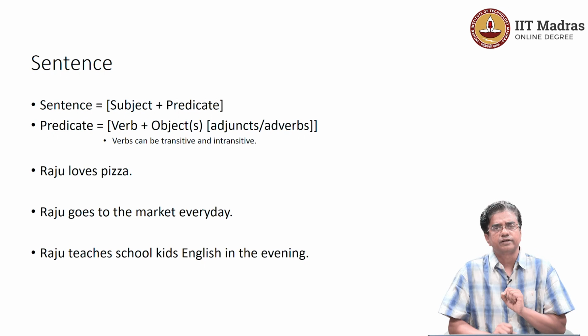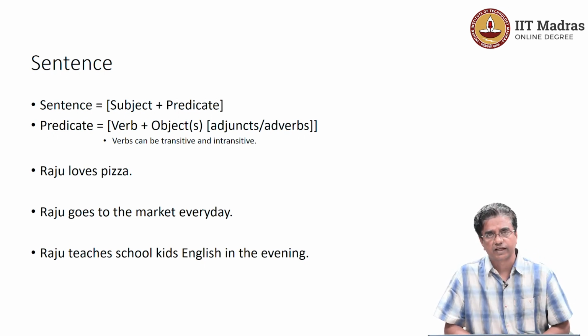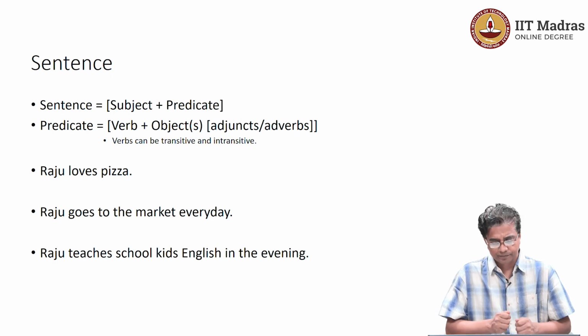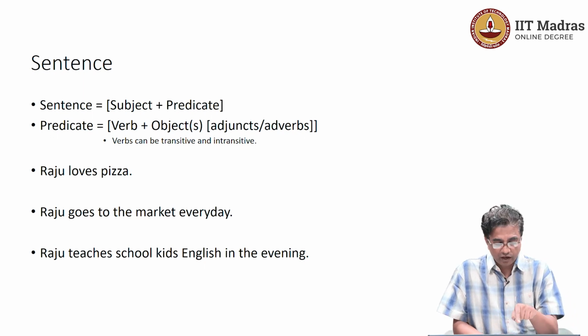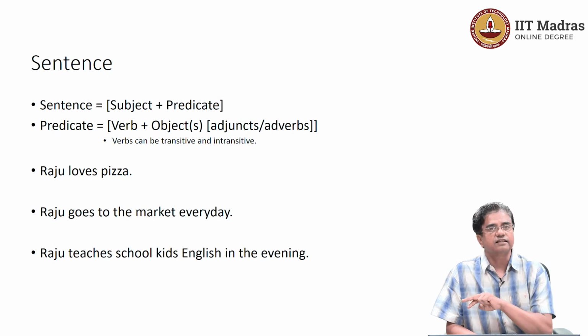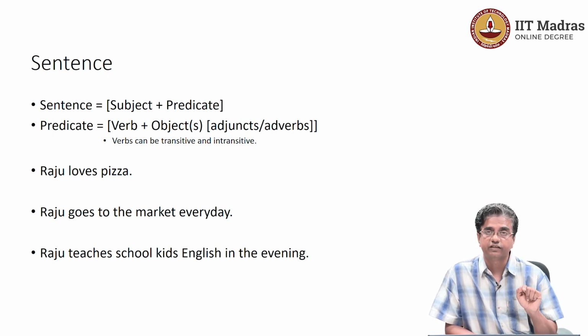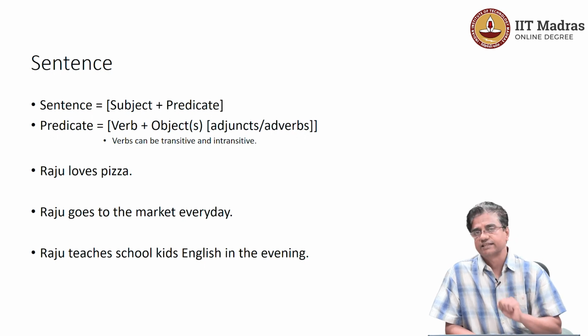There is a difference between description and modification. We'll come back to that part. But adverbs will modify verbs. Keep in mind, other than objects within a predicate, the second thing that we are talking about is the adverb. So, adverbs have something to do with the verb in a direct sense.